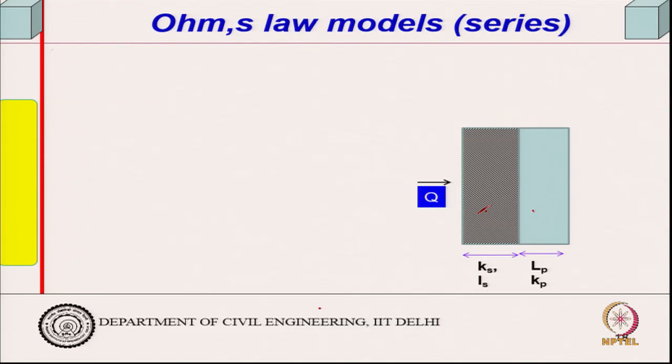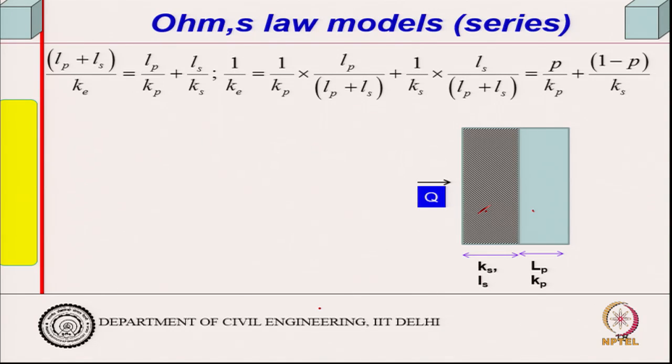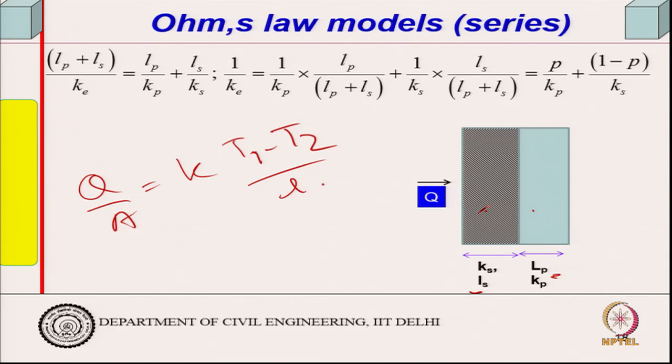So, if this is in series, then it is similar to U, what we did. Total length will be Ls plus Lp, right, and Ls plus Lp divided by K equivalent. How is K defined? K is heat flux Q divided by A, K equals Q by A into L divided by T1 minus T2. That is what we said. So, L by K, right, same heat is flowing, same formula.